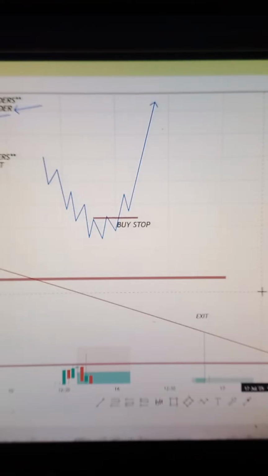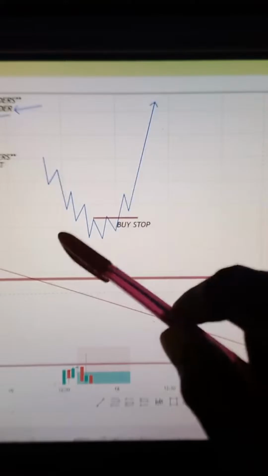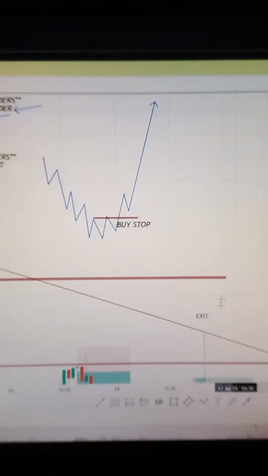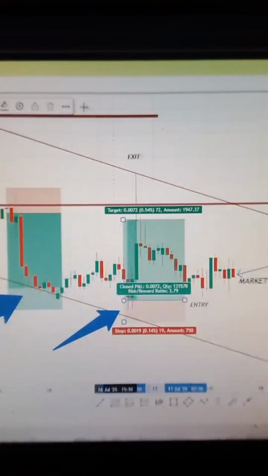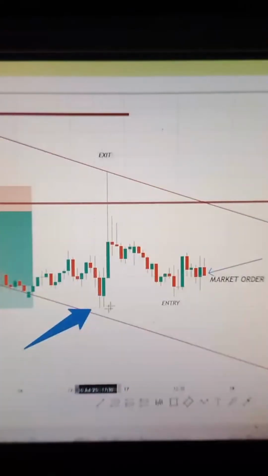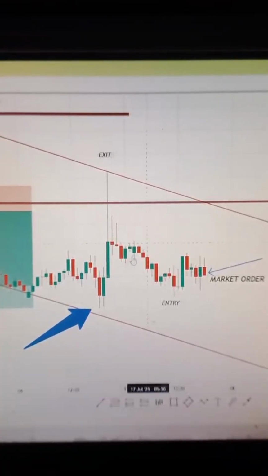So, okay, let me round up with this buy stop, then we can call it a day. Once you see that the market will be going bullish, just for instance here, we have this. Let me remove our orders. We have this now here. If I wait for this candle to play out, then I say after this candle, if the market will continue bullish, I want to take my buy, right?